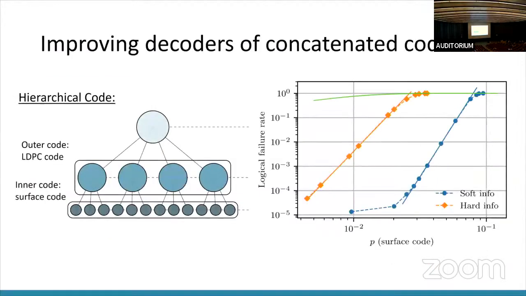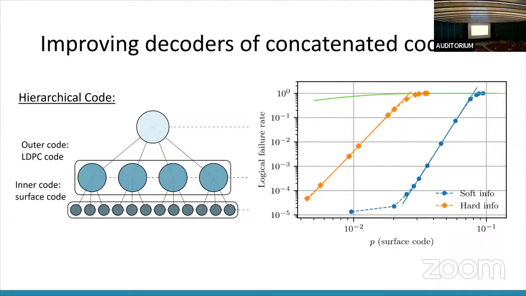Okay, and so what are the applications of this soft output? This first one was really the inspiration for coming up with a decoder that produces soft output. It's for improving decoders of concatenated codes, specifically the hierarchical code, where the hierarchical code is a concatenated code with 2 layers, and the outer layer is an LDPC code, and the inner layer is a surface code.